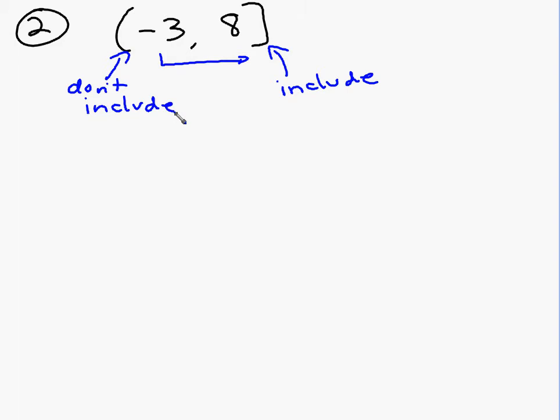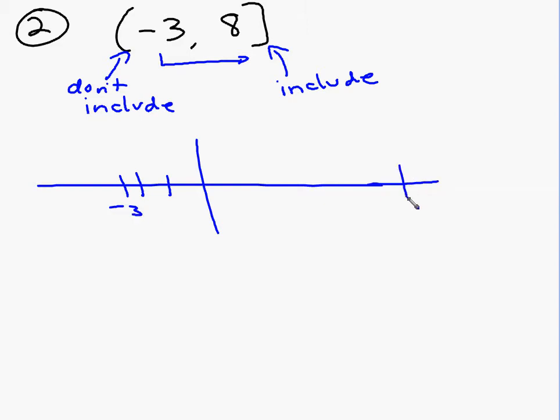Okay? So it might be easier to kind of see this on a graph, and then maybe we'll rewrite it with a greater than, less than. I think maybe even in your homework they ask you to do that a little bit. So if I wanted to graph this thing, over here is negative 3, and over here someplace is 8.